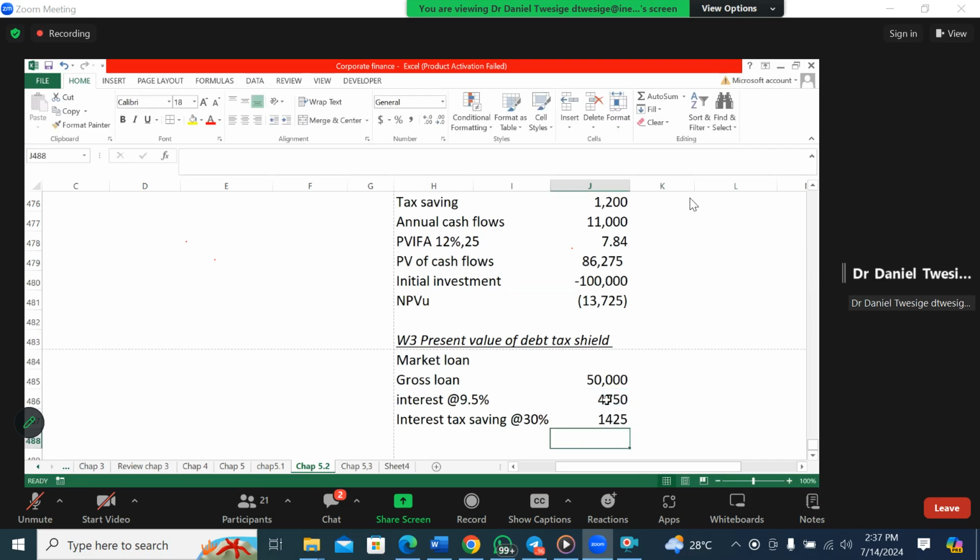Now, what we need again here is the present value of the interest tax saving. See, this is what I'm talking about. You may not have put this interest tax saving.